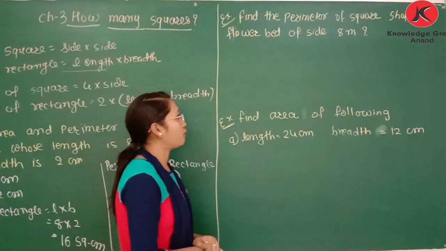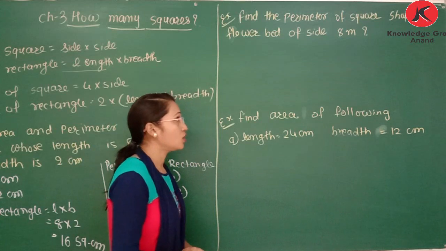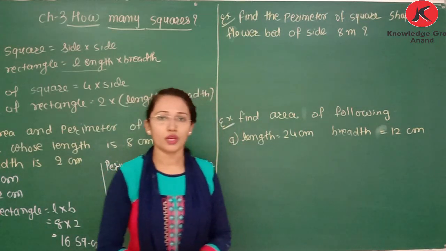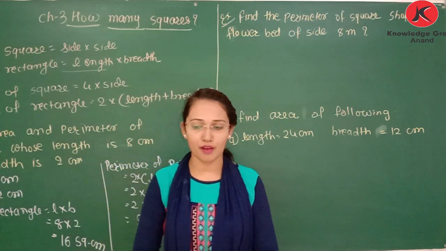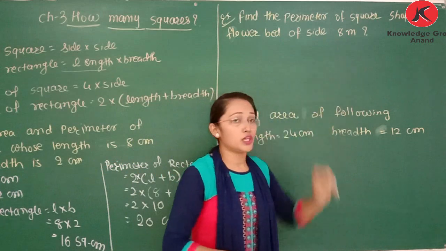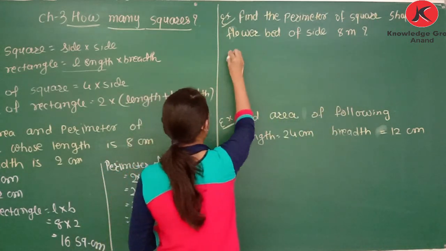Example is, find the perimeter of square shaped flower bed of side 8 meter. Okay, what you need to find? There is a flower bed, means there is a garden. Of 8 meter, you need to find the perimeter.